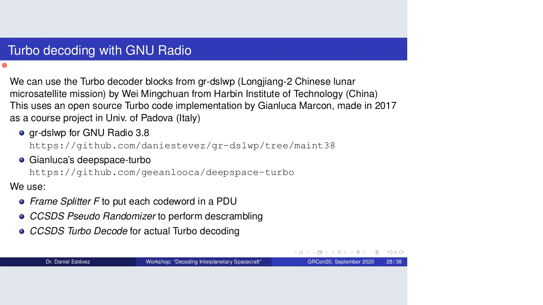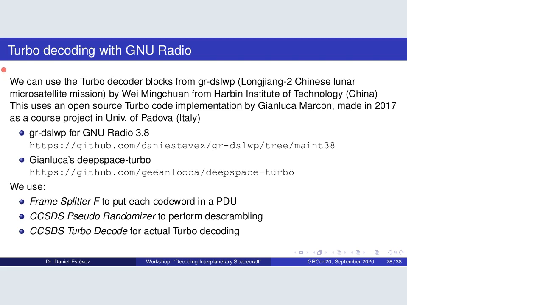This was a Chinese microsatellite using turbo codes in amateur radio bands and GNU Radio on the decoder, and we used the Dwingeloo telescope in the Netherlands to receive and decode the telemetry. So all of the ground station was done in GNU Radio, and there's actually a paper published about it.